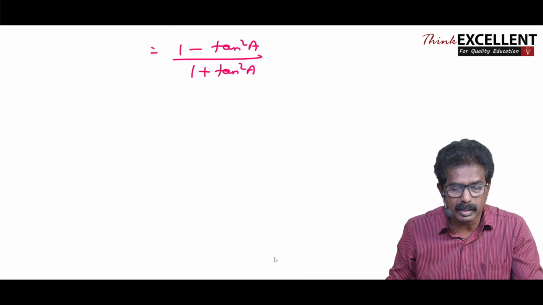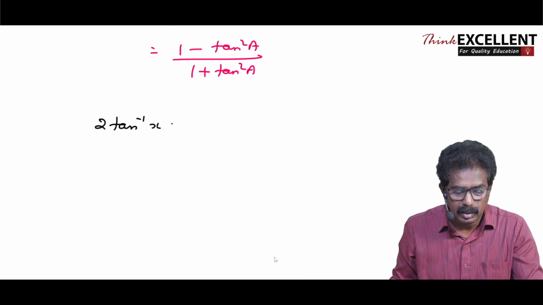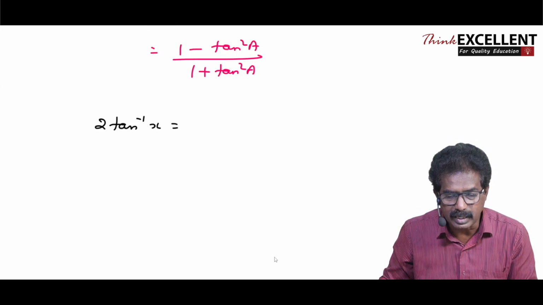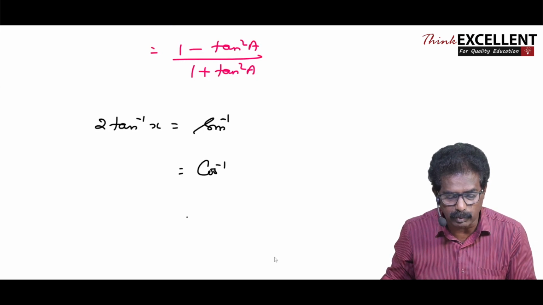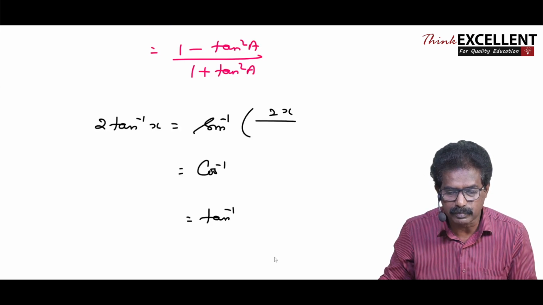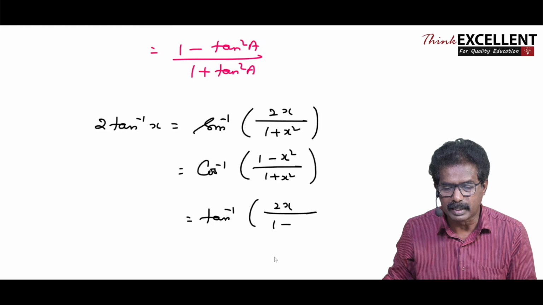And the most important other result is 2 tan inverse x. There are three formulas for this: one in sine inverse, another in cos inverse, and one more in tan inverse. Sine inverse 2x by 1 plus x square, cos inverse 1 minus x square by 1 plus x square, and tan inverse 2x by 1 minus x square.